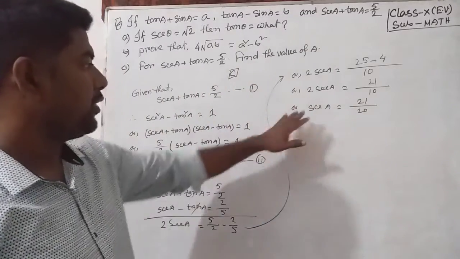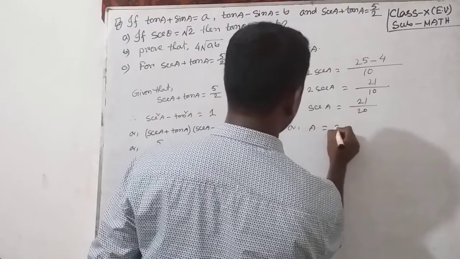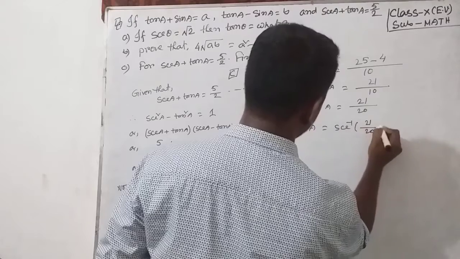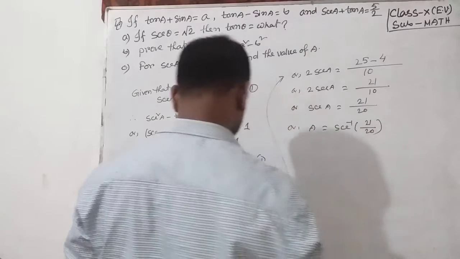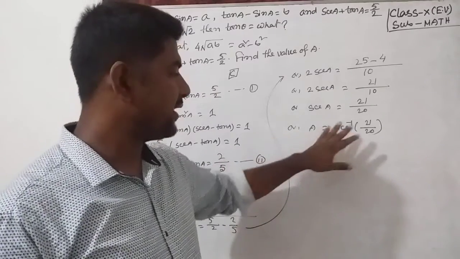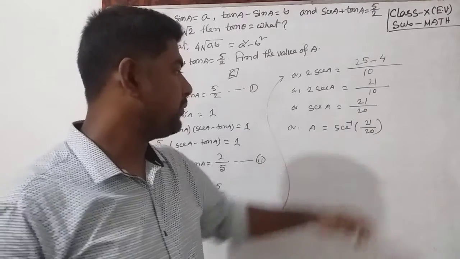Now we can write a equals sec inverse 29 by 20. At last we find the value of a equals sec inverse 29 by 20. Okay, this is the answer.